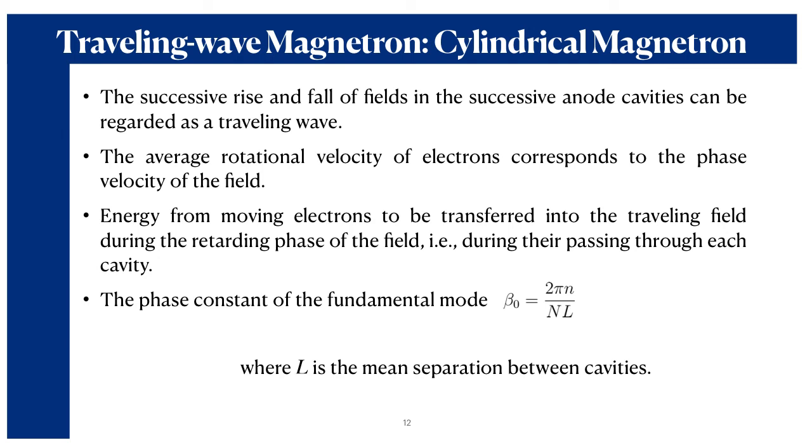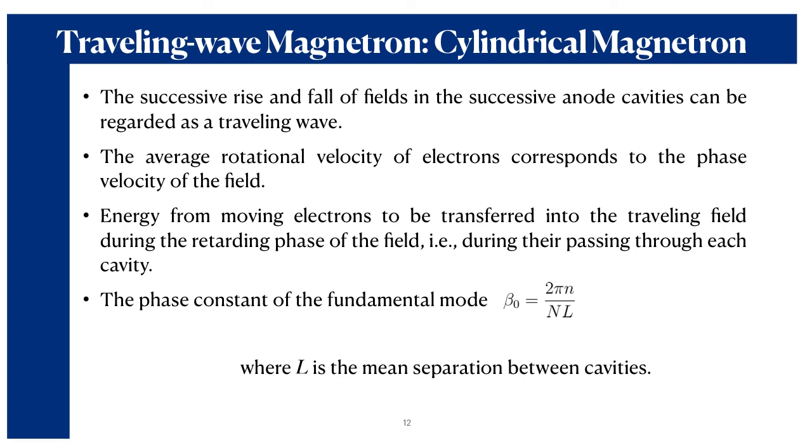And if the separation between the two cavities is represented as L, the phase constant can be written in the form of 2 pi small n divided by N times L, where without this L, the expression 2 pi small n divided by N represents the phase within each cavity.